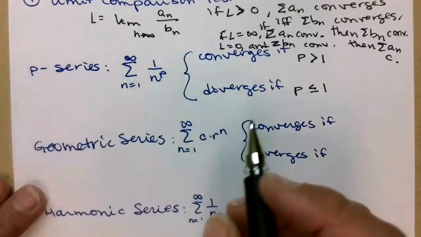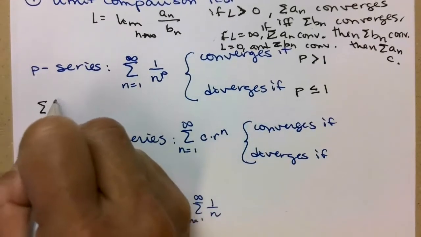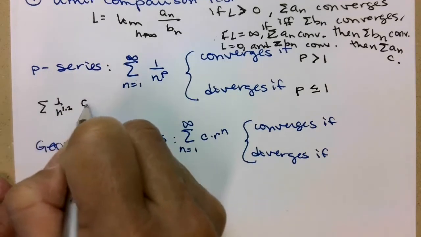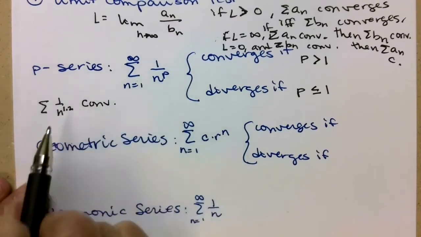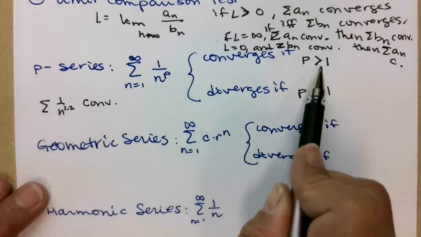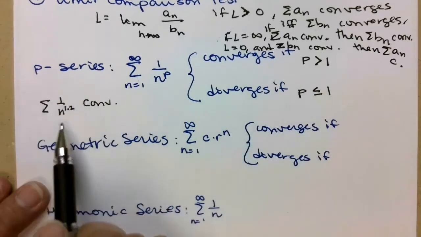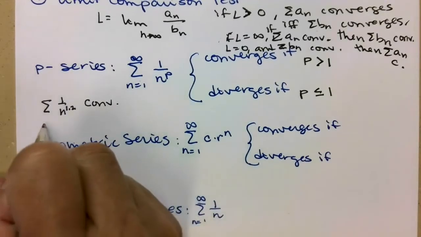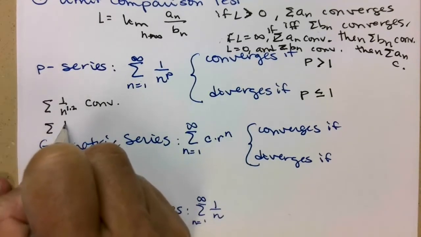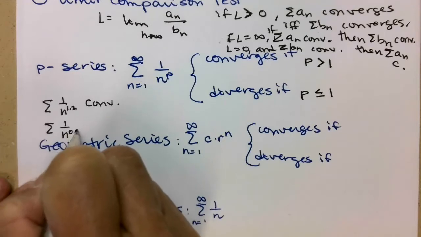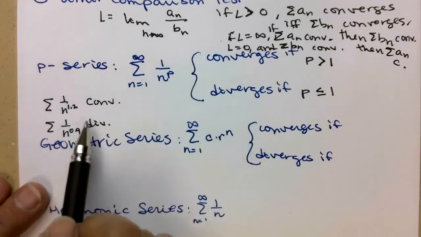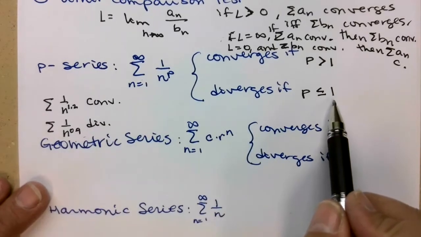So if we had 1 over n to the 1.2, this would converge because the exponent, the power, is greater than 1. This series would converge. It gets small fast enough, right? Versus 1 over n to the 0.9. This would diverge because its power is less than or equal to 1.